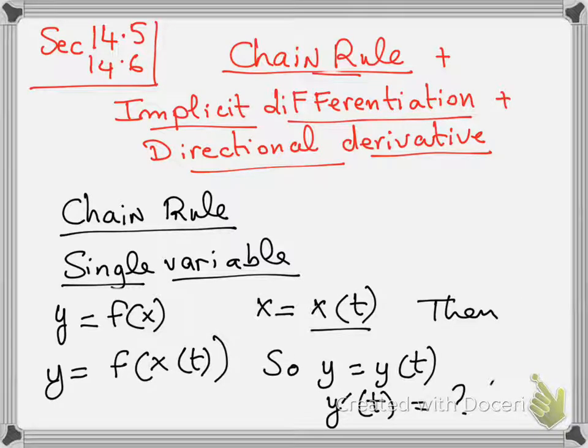Well, to find y prime of t, we're gonna apply the chain rule, because you see y is a composition of two functions. So you have f and then you have x. Okay, so the function f composed with the function x, right? So a composition of two functions.